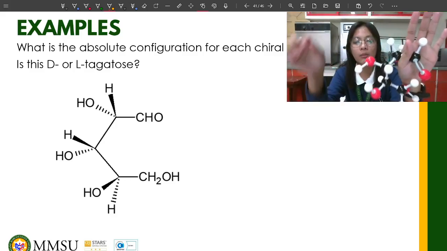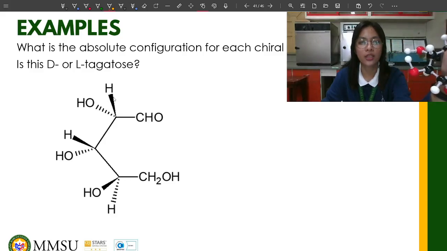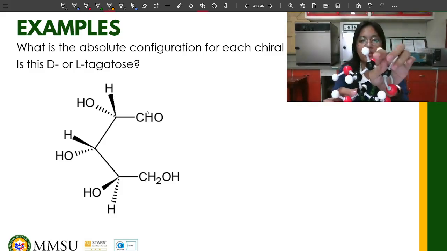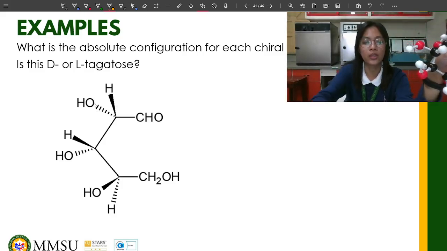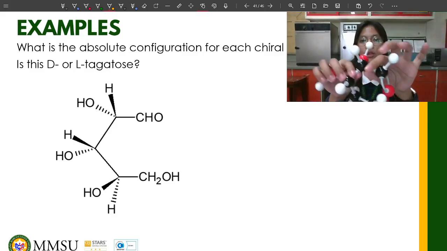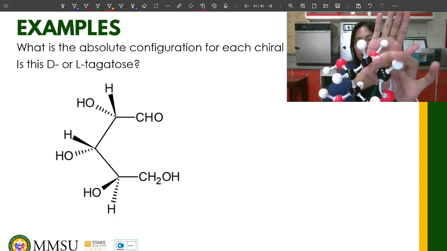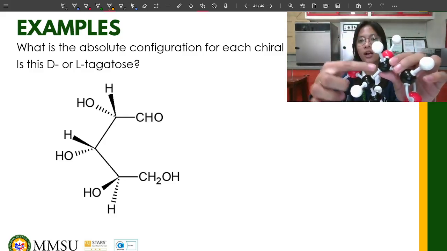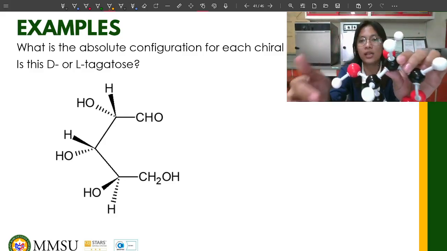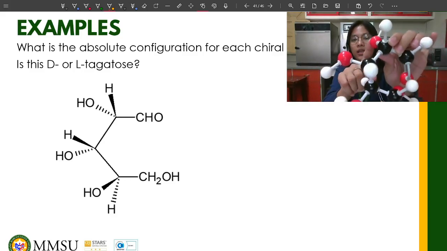And then the second carbon, we have this one. The hydrogen is within the plane. The hydrogen is facing forward, and the OH is at the back. So, this is what it looks like. For this carbon, the hydrogen is obviously in front, and the oxygen or OH is at the back.